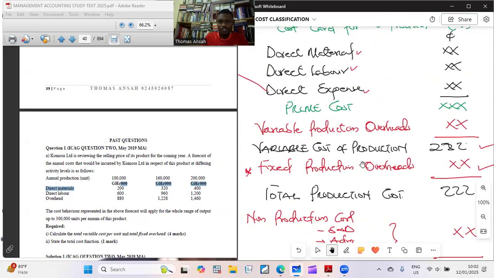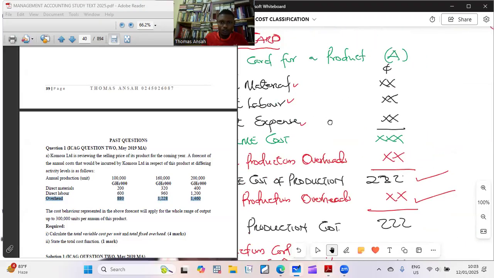You saw this total variable cost of production. You needed prime cost, and you added your variable production cost. So you can see clearly that this is the annual production, and this is where your variable production cost may fall under.